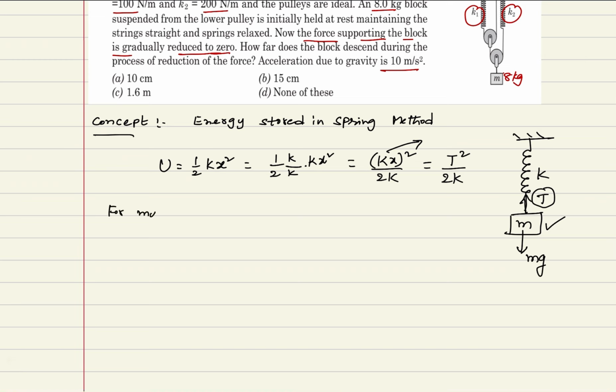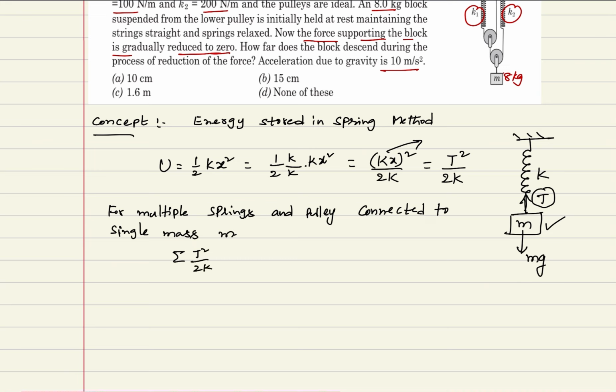For multiple springs and pulleys connected to a single mass m, I am writing the summation of T square divided by 2k as T0 square divided by 2k effective.